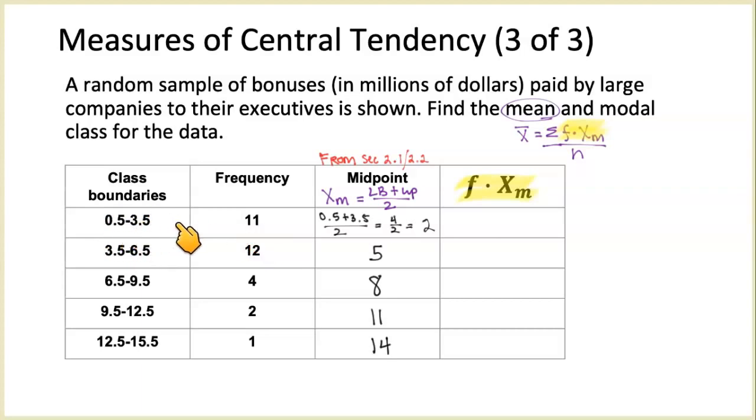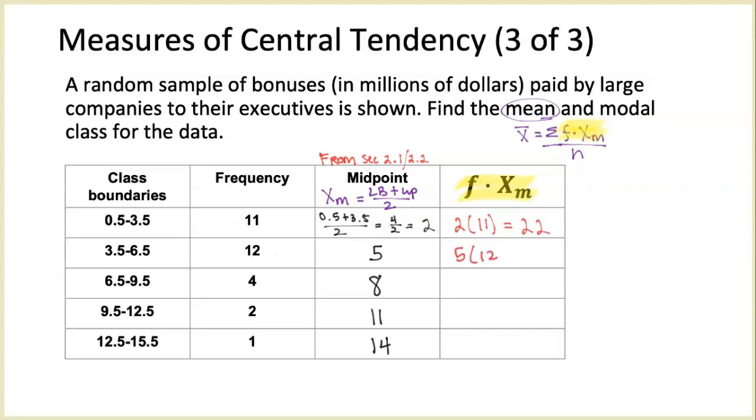But since we don't know the value of each, we're going to use the midpoint to represent the typical bonus that each of the 11 people received. So the total bonus that we're estimating to be paid out for this interval will be $22 million. It represents the frequency of 11 times the midpoint of 2, and that gives us 22.